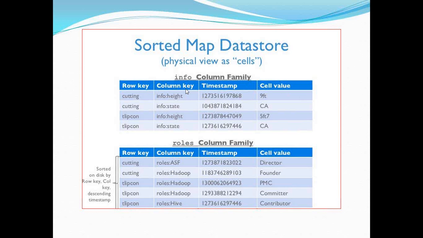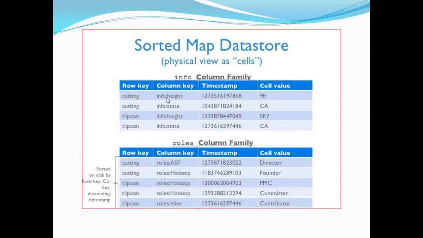But yes, the storage at an actual HBase level will be at an individual row level. But it might happen that when you have HBase stored in a cluster, even if the row keys are the same, like you have two attributes here for cutting, height as well as the cutting state, the first row might get stored on one node and the second row might get stored on another node.